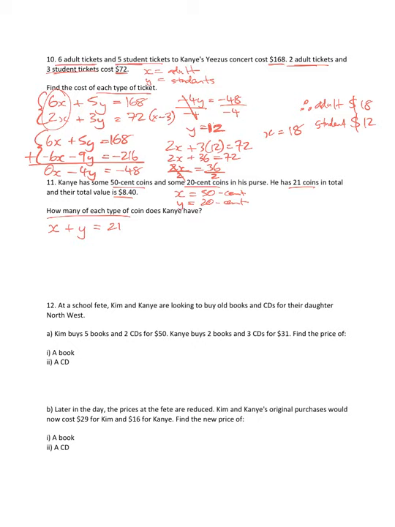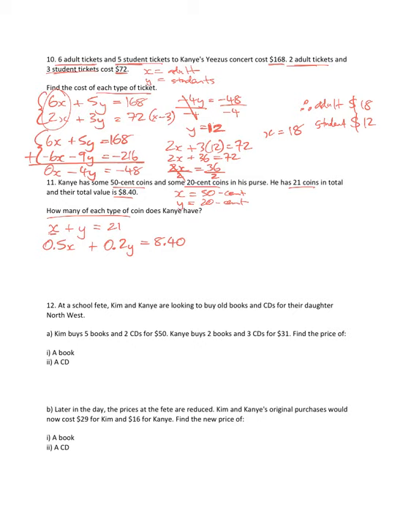How about the only thing I know about the number of coins I've got is that there's X? Well, the value of the 50-cent coins, however many I've got, is going to be 0.5 times however many I have. Same with the 20-cent coins. But it's 0.2 this time, times by however many 20-cent coins I've got, and we know that their total value adds up to $8.40.